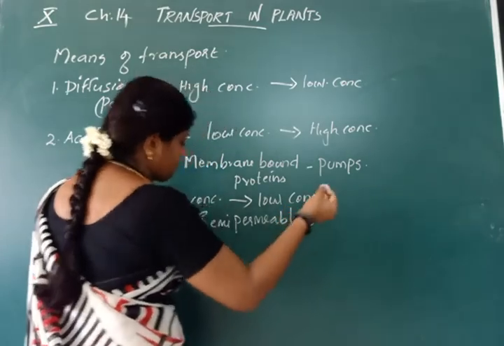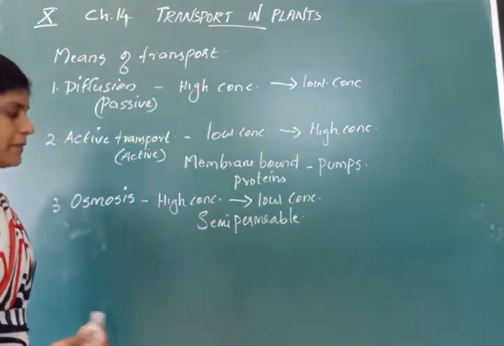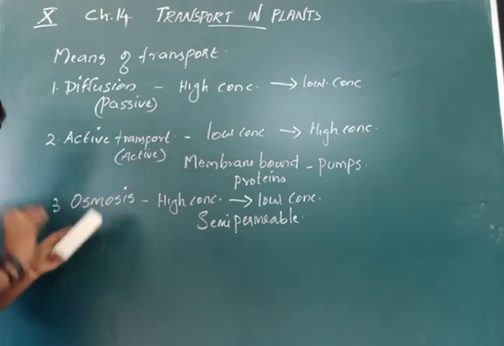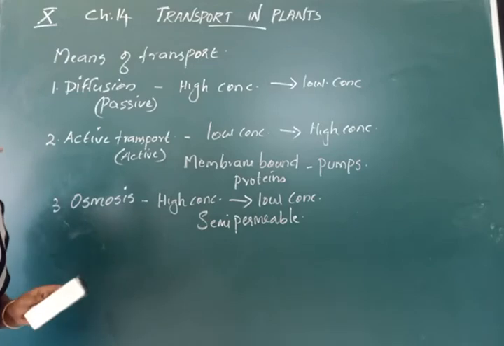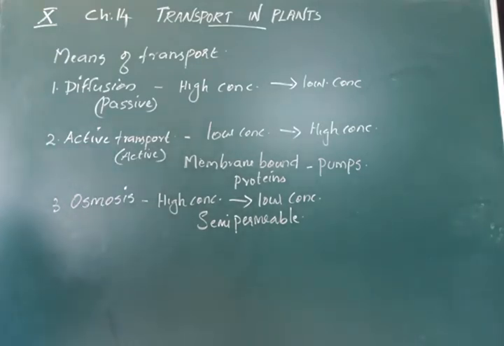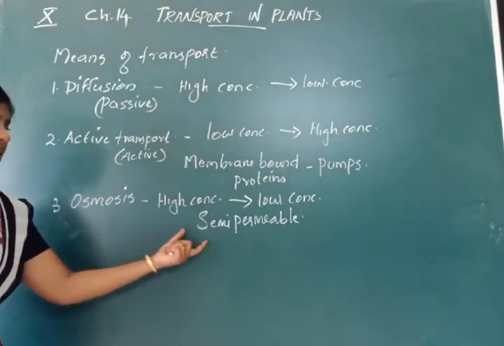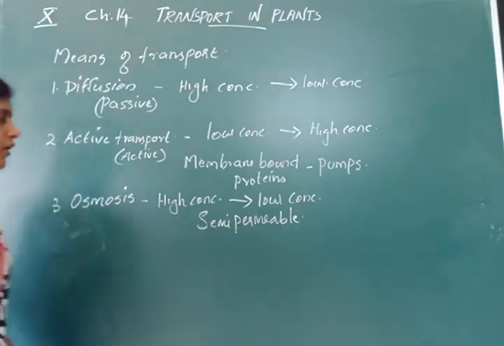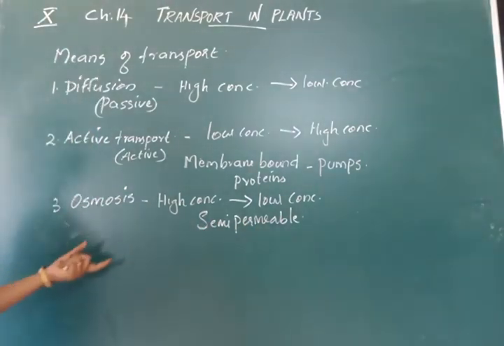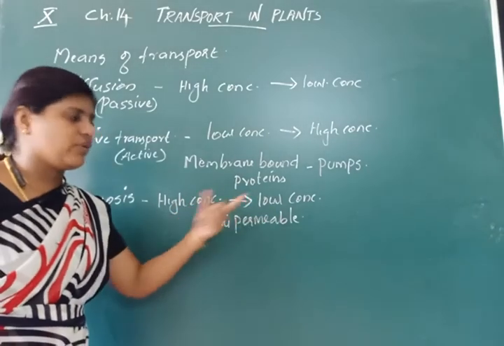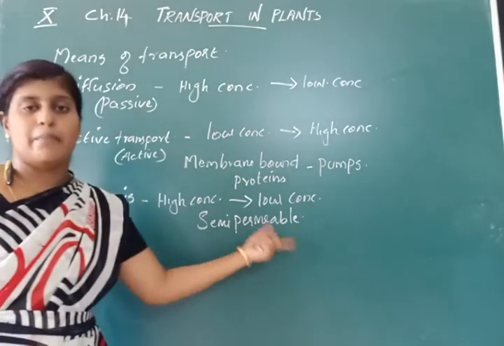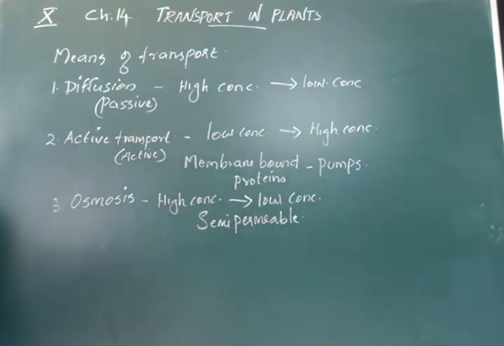What is meant by semi-permeable membrane? Semi-permeable membrane means only certain molecules can be transported through that membrane. Only certain types of molecules can cross that membrane. Such membranes are called semi-permeable membranes. So osmosis is the movement of water or solvent molecules from a region of higher concentration to a region of lower concentration through a semi-permeable membrane.